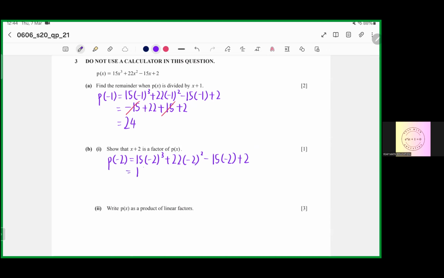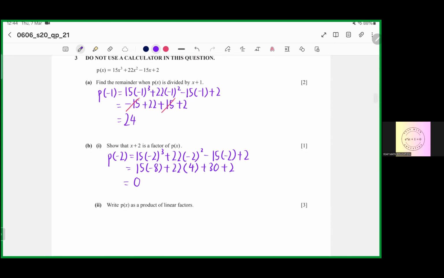Here we get negative 8 plus, and we get 0. Now we see part 2.